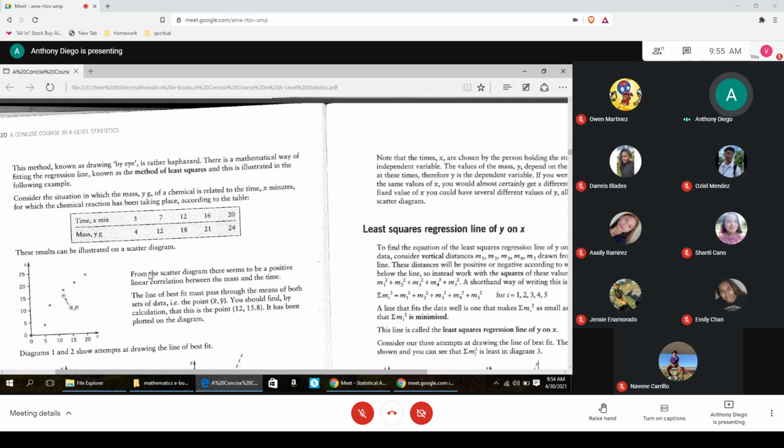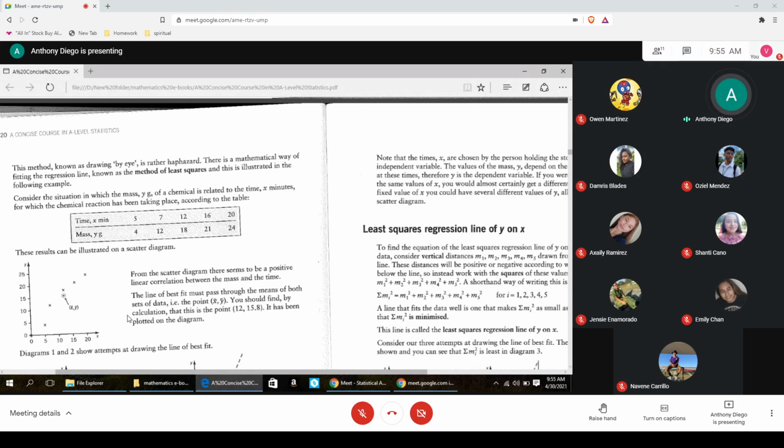It says there, this method known as drawing by the eye is rather haphazard. There is a mathematical way of fitting the regression line known as the method of least squares. So we will be looking at the method of least squares, and this is illustrated in the following example.